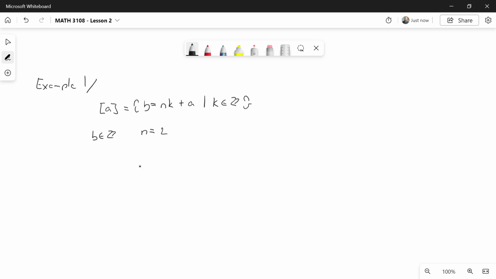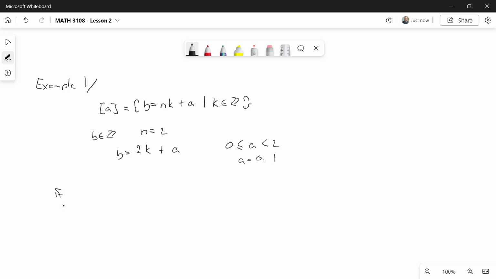Well, B is going to be equal to 2 times k plus A. So A is going to be the remainder, but we know the remainder is greater than or equal to 0 and strictly less than the divisor, which in this case is 2. So really, A can only be 0 or 1.